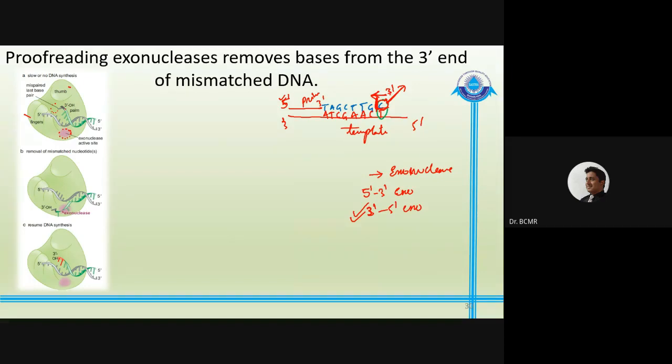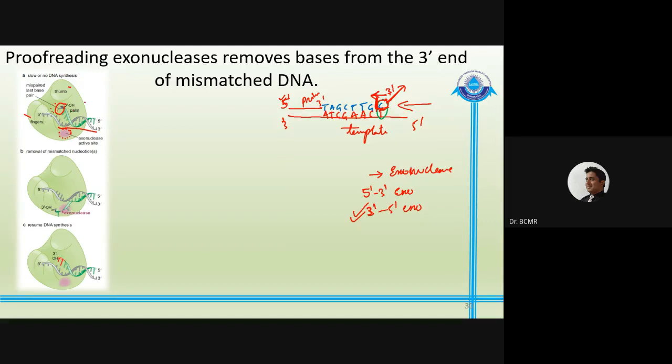If a wrong base has been incorporated, like I have drawn here, then the hydrogen bonds are not going to be proper, because of which this whole DNA molecule will not be able to make interactions with the palm region.